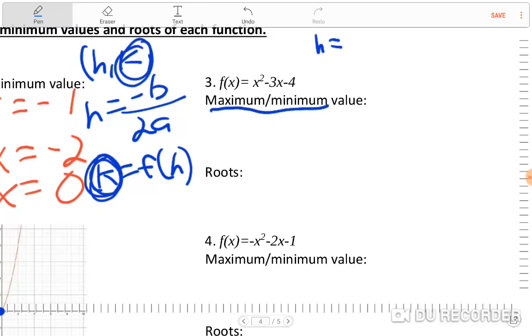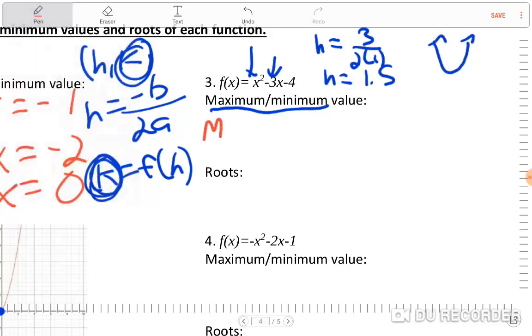So -b. My b here is -3. So -3 is +3 over 2 times a, which was 1. 3 divided by 2 is 1.5. My h is 1.5. But again, that's not my max or my min. Now look, something that you can tell, because a is positive, I know that this has to be an upward facing parabola.